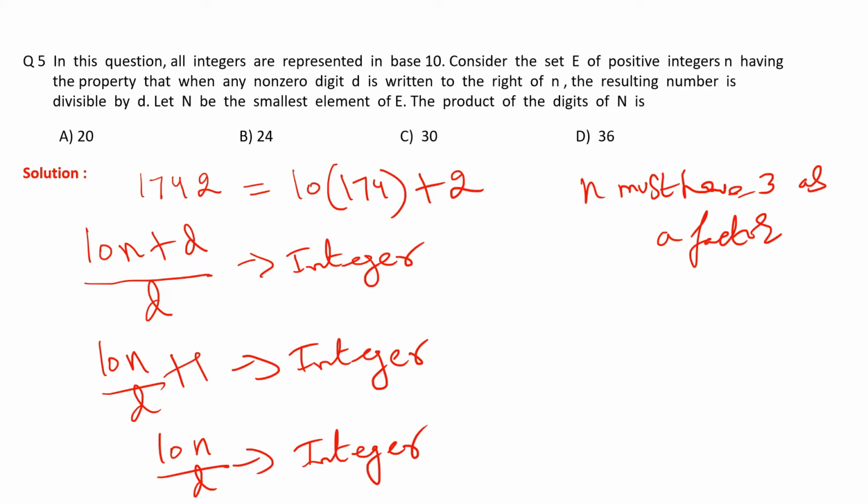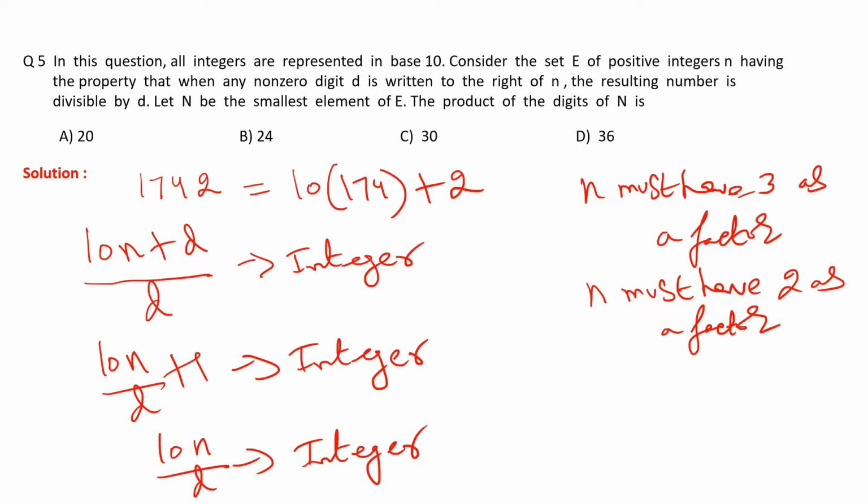Now when I put d as 4, one 2 gets cancelled from the 2 which is a factor of 10, and another 2 must be present in n. That means n must have 2 as a factor, right?